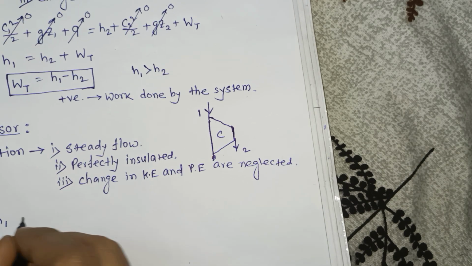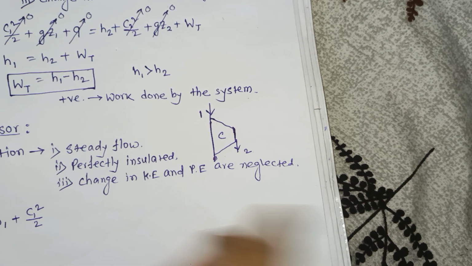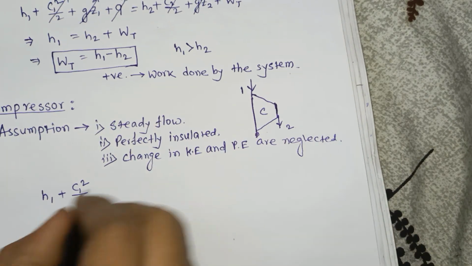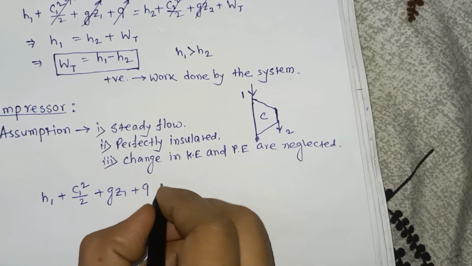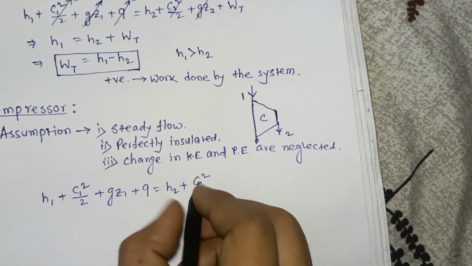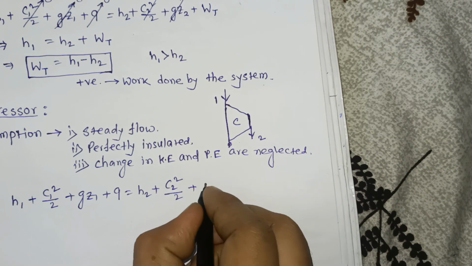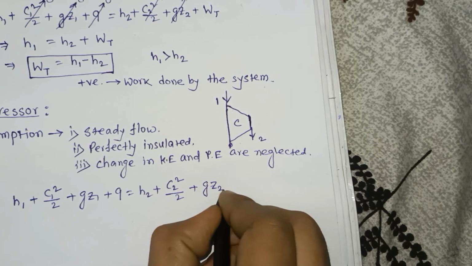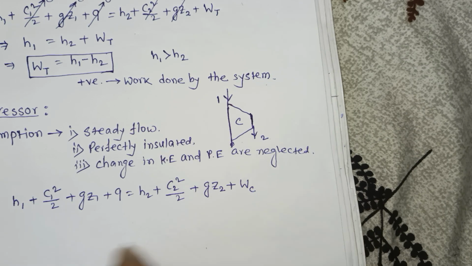Now apply steady flow energy equation. h1 plus c1 square by 2 plus g z1 plus Q is equal to h2 plus c2 square by 2 plus g z2 plus W of compressor.